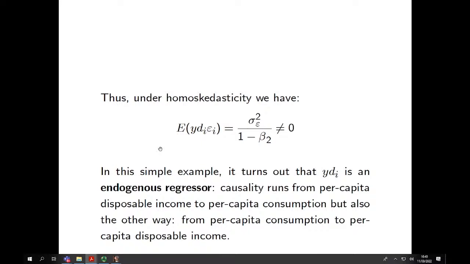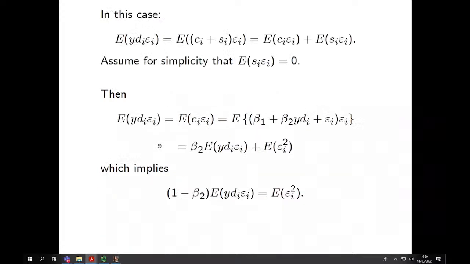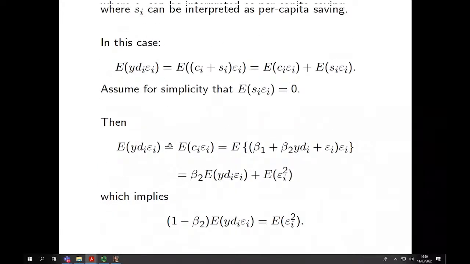I get this expression, and at the end of the day, I realize that the correlation between the regressor, disposable income, and the error term, if disposable income is given by the sum of consumption plus saving and assuming that saving is uncorrelated with the error term, is this number, okay? Which suggests that also in this case, disposable income could be an endogenous regressor. What is the issue? It's right that income determines our consumption.